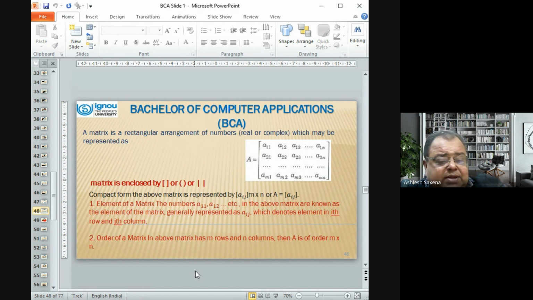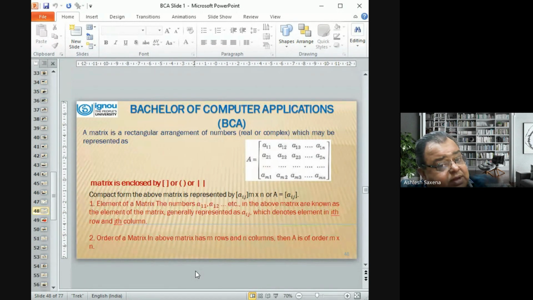This matrix can be placed in two close brackets or two vertical lines, that is what conventionally is used. Elements are Aij. As I told you, first the row will come, then the column will come. And the order of the matrix can be m rows and n columns.